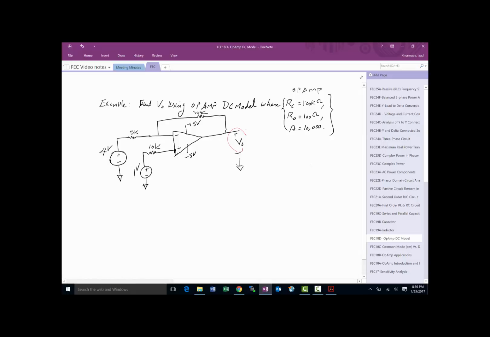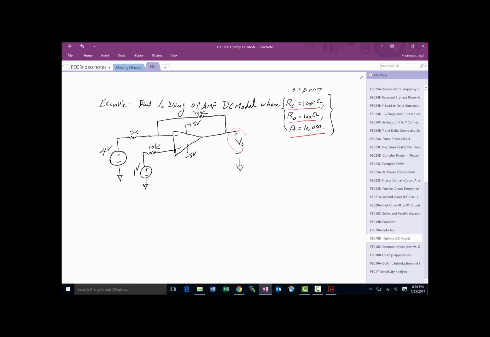They want you to find V out using the OpAmp DC model, and they're giving you the input impedance of 100K, output impedance of 100 ohm, and gain of 10,000. Frankly, this is a very lousy OpAmp, but nonetheless, we can apply it. So we want to apply this.